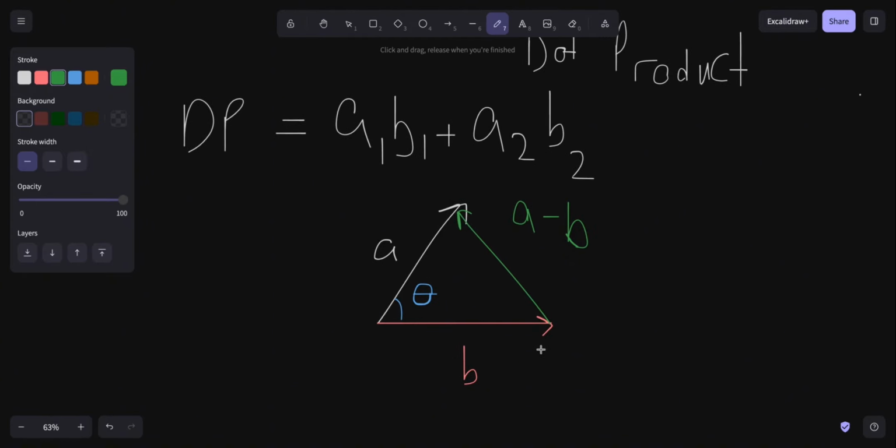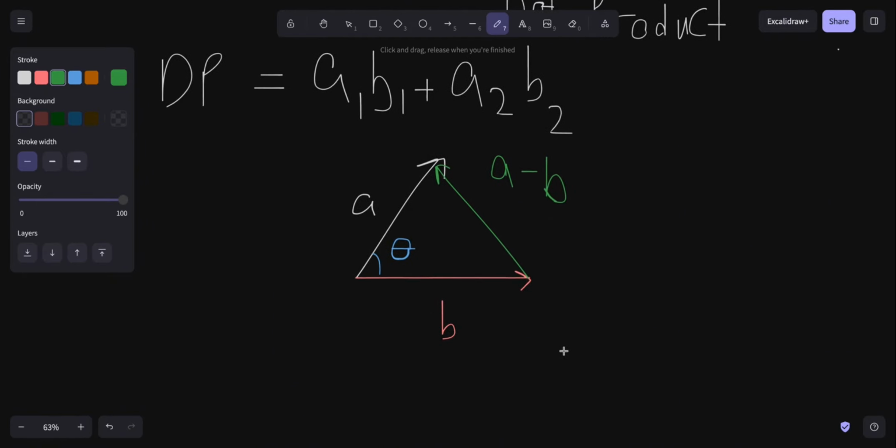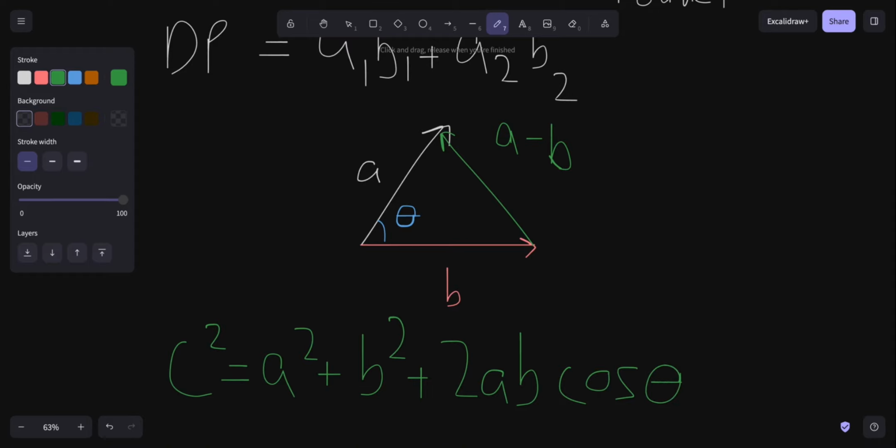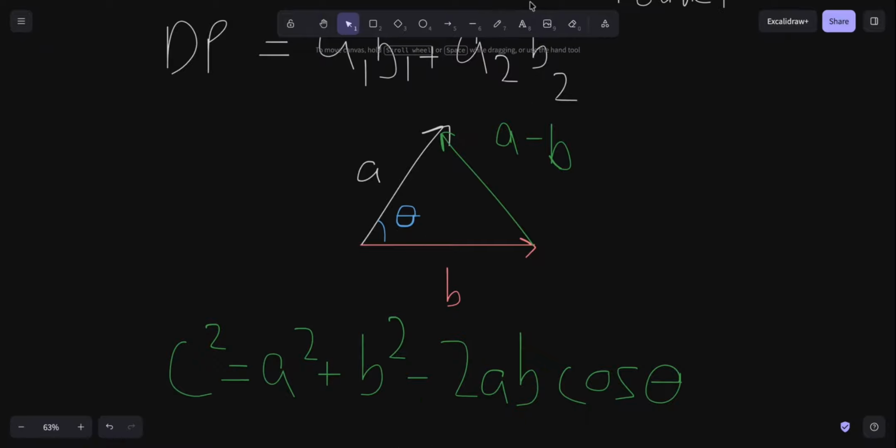Now, you've got to recall a formula. This is the law of cosines, and specifically, the formula is c squared equals a squared plus b squared minus 2ab times cosine of theta. Real quick, that should be a minus, sorry about that.